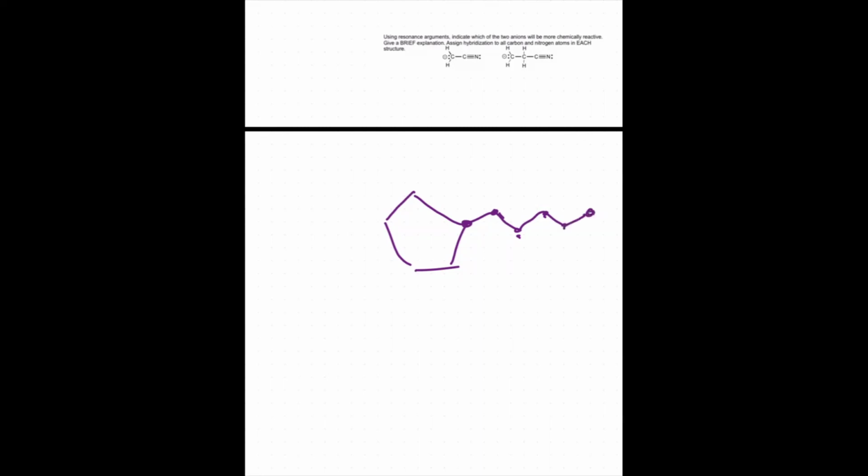No, your chain's different from your ring. So this would be 5, 4, 3, 2, 1, and then did you say a 4 carbon chain? It doesn't matter. I just want to make sure that if you say the longest chain is the ring, you cannot go outside of the ring.